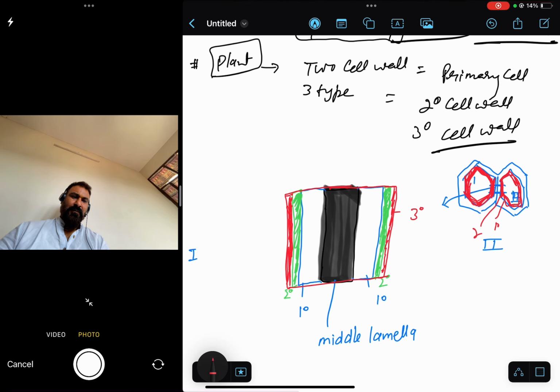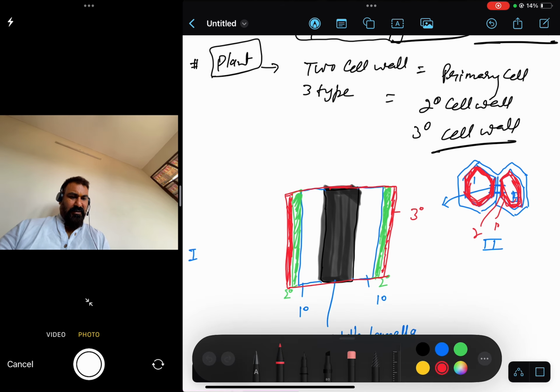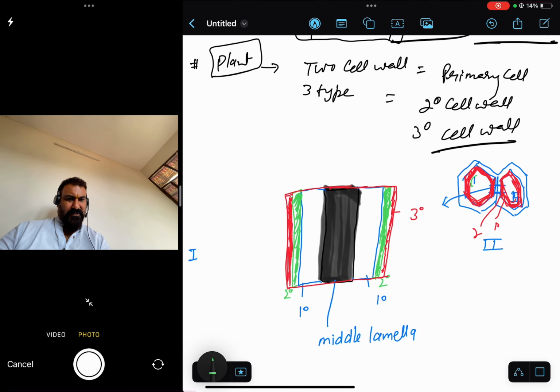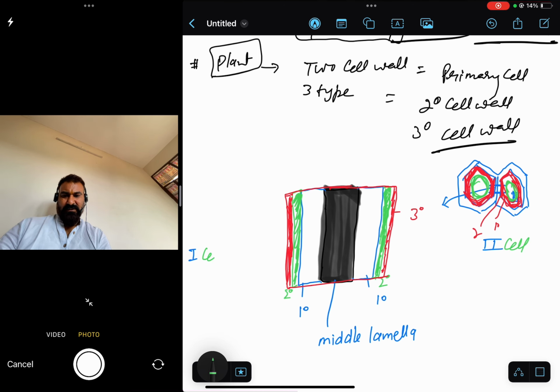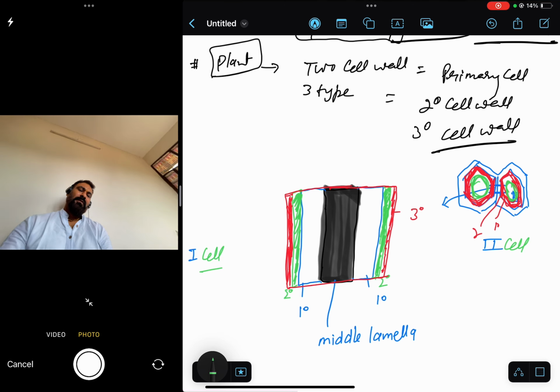And in some cases, if a tertiary cell wall is also generated here like this, it also decreases the lumen very much. So these are the layers: primary, secondary, and tertiary. This is cell 2, this is cell 1.